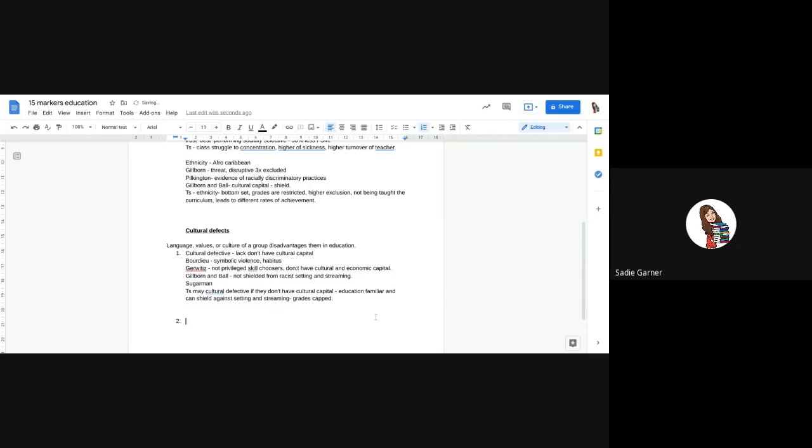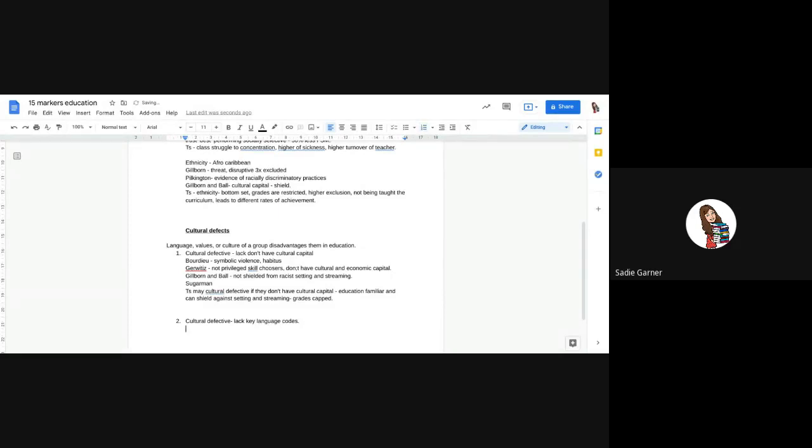Paragraph 2. In my definition, I've made a point that language is part of culture. So in our paragraph 2, we're going to argue that groups could be considered culturally defective, really hate that phrase, if you lack specific or key language codes.